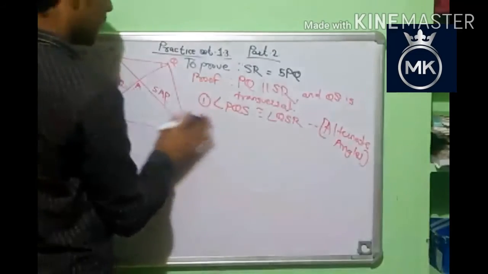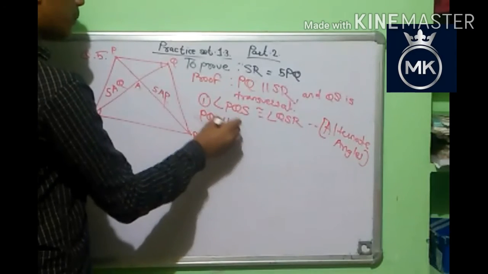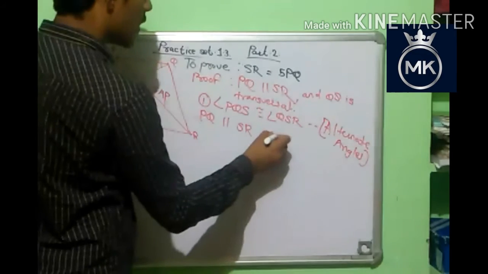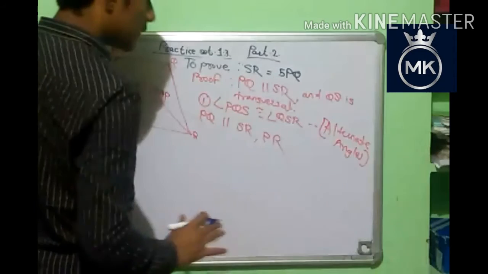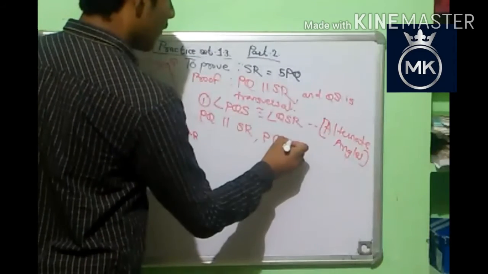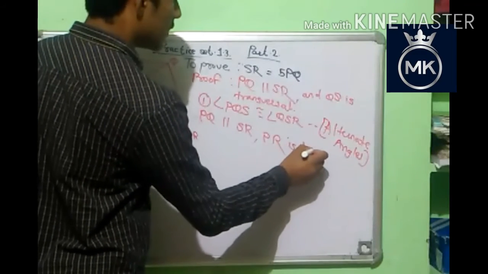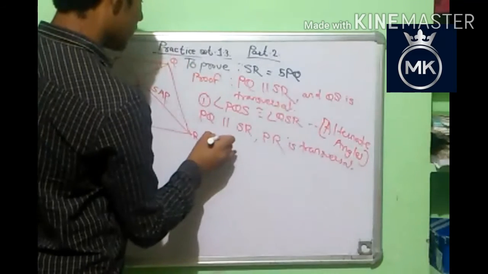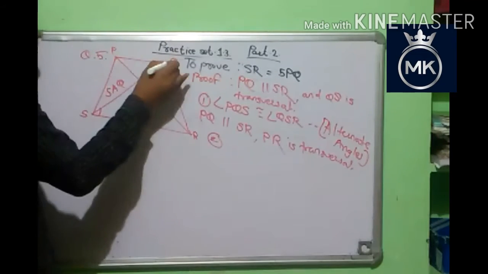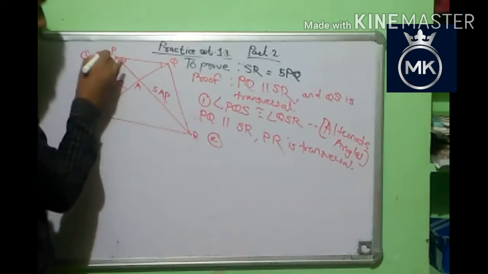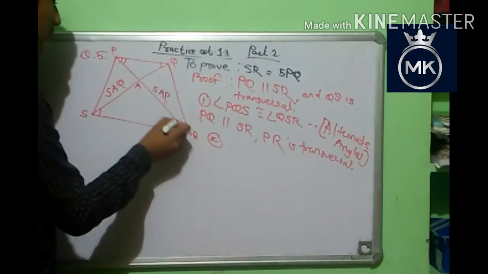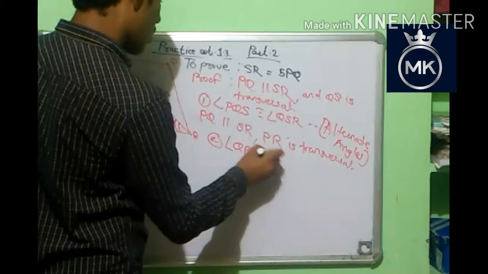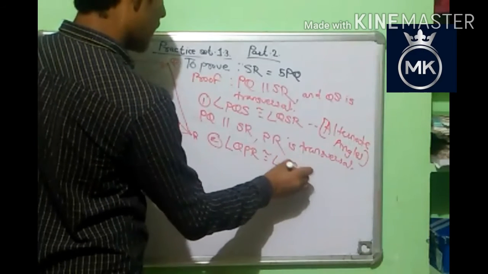Both are alternate angles. Then friends, PQ is parallel to SR but PR is transversal. If QS is transversal, this pair occurs, but when PR is transversal, we write here the second pair: angle QPR is congruent to angle PRS.